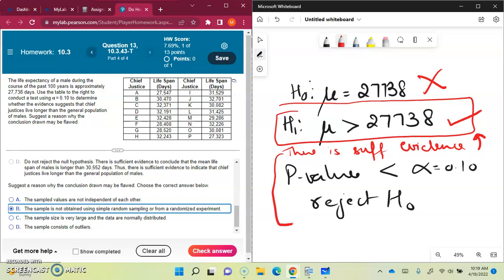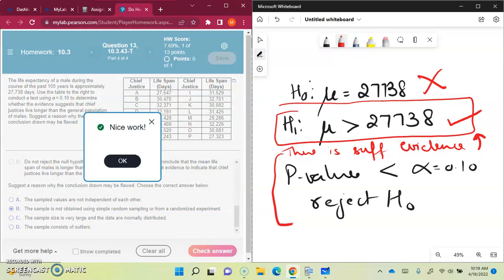We are using convenience. We are just using chief justices of that age. So that's not a random sample. So I think that must be it. Sample values are independent of each other because the age of one person is independent of the other. Sample size is very large? It's not very large and it's not told to be normally distributed. Sample consists of outliers? I think it's the not random thing. Okay.